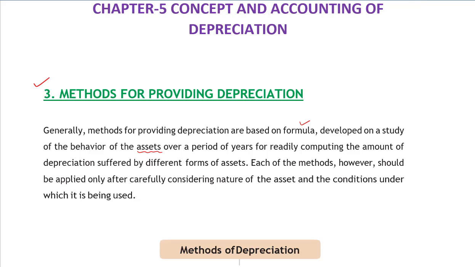For all forms of business, the method of depreciation would be similar. Each of the methods, however, should be applied only after carefully considering the nature of the asset and the conditions under which it is being used.